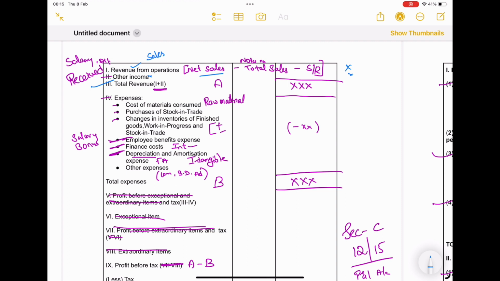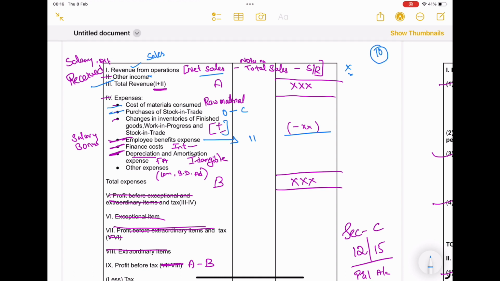In expenses, this is related to purchases, right? Directly we can mention. Change in inventory, I have told you, right? Opening stock minus closing stock. So if it is a positive value or negative value, we are directly going to write. So no need of working note. Employee expenses, we require a note number. So 10 in the balance sheet, we are going to represent 10 notes.